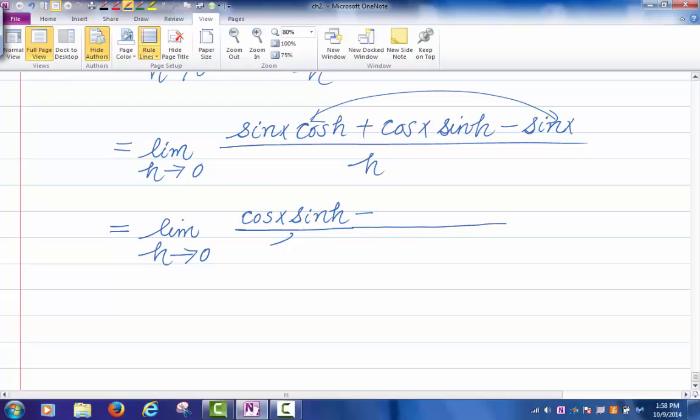And then from the 2 far terms, I'm going to factor out sine x. So if I factor out sine x, what do I get? I get cosine h minus 1, and the whole thing divided by h.